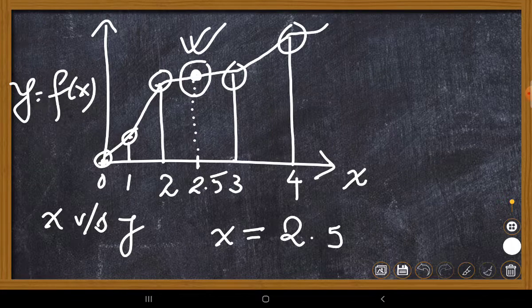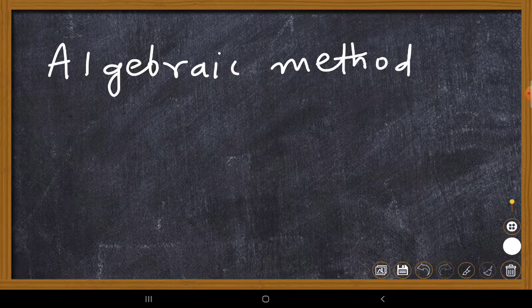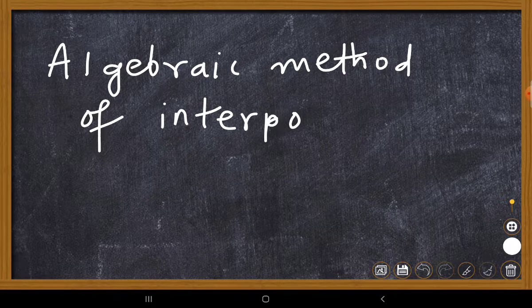So now we will come to the main portion of your syllabus, which is the algebraic method of interpolation. There are three very popular formulas that you will be learning.